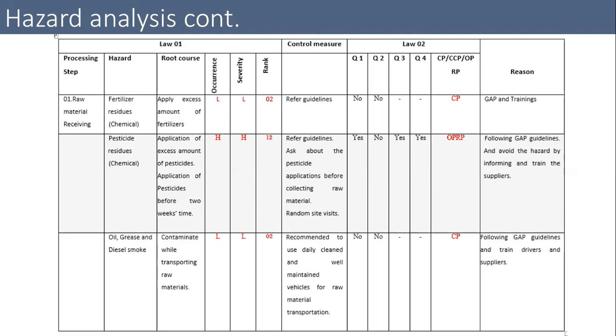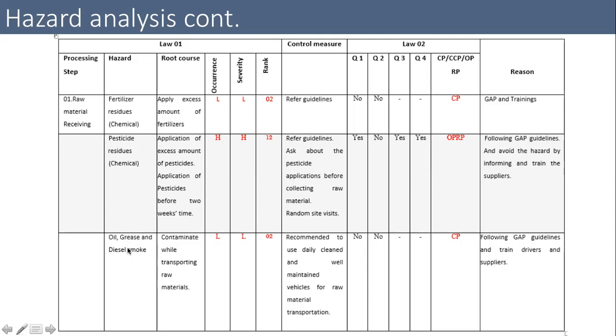I know that we can control pesticide by informing others, by training those people. But actually, by considering this value according to the standards, it's a CCP. Likewise, we can do some adjustments according to our experience, right?